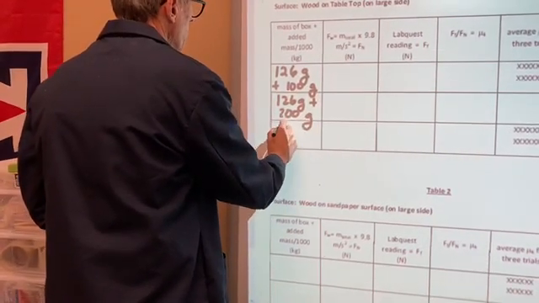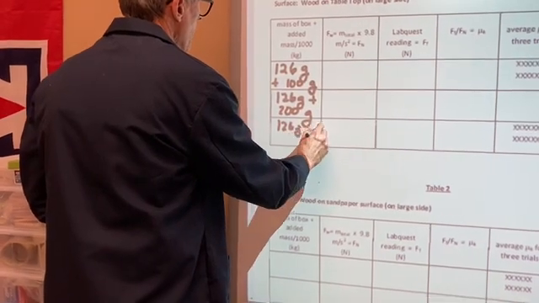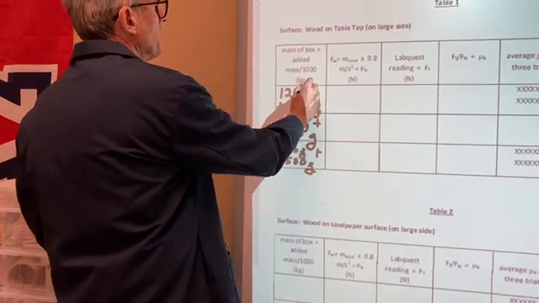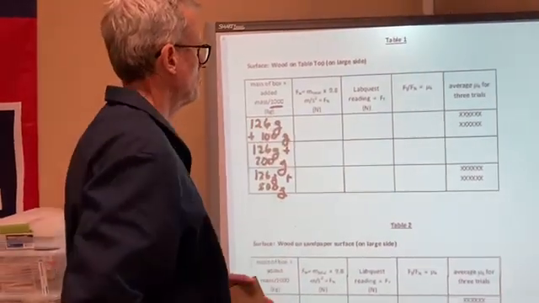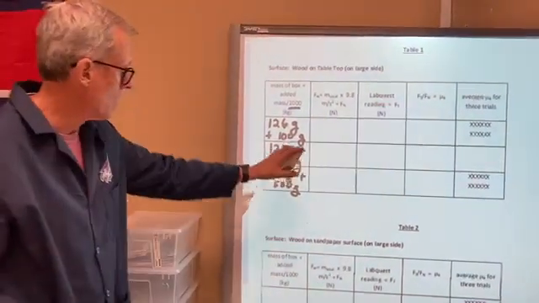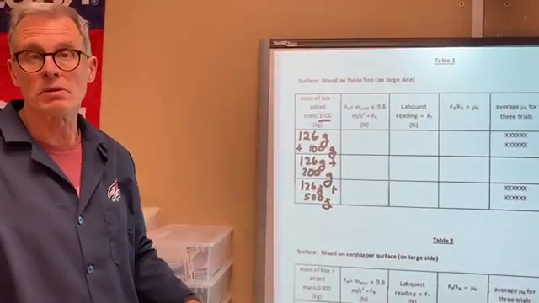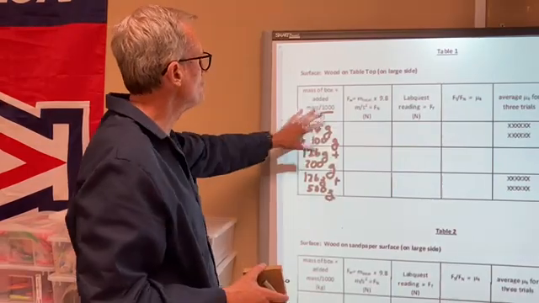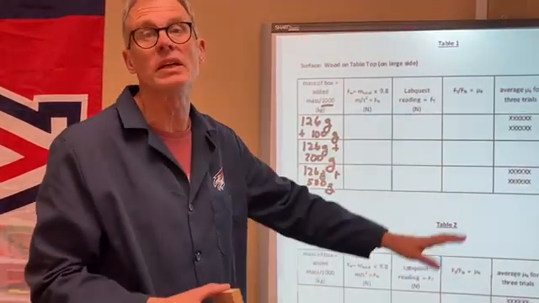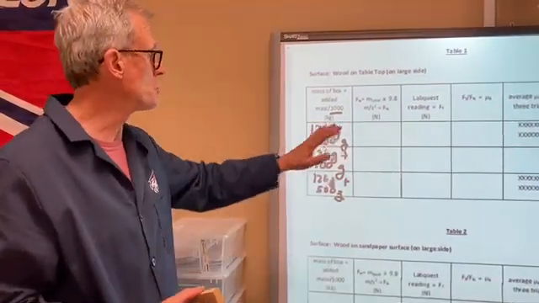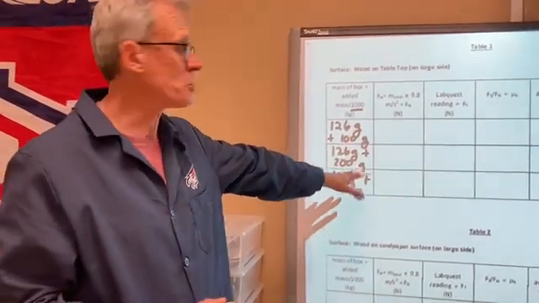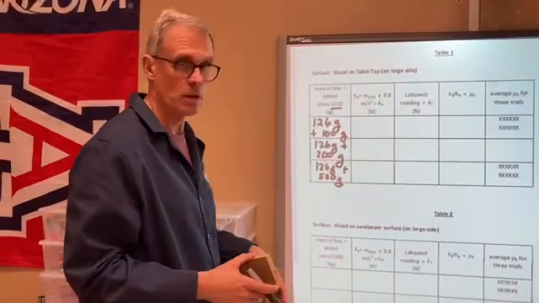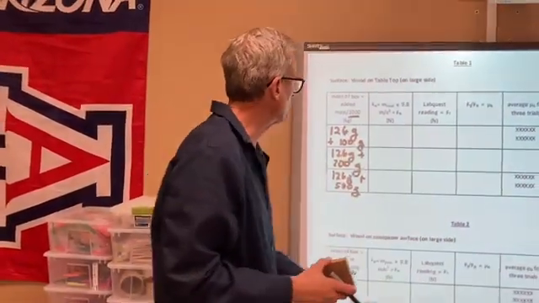And the last one will be 126 gram box plus a 500 gram weight. You're going to need to convert that into kilograms by dividing by 1,000. That will be the same for all of these tables, so I'm not going to go back through that in each case. When you do the other tables, table 2, 3, and 4, you're going to use the same numbers here. So do that once and just repeat the numbers over and over again. And I'm going to let you do that.